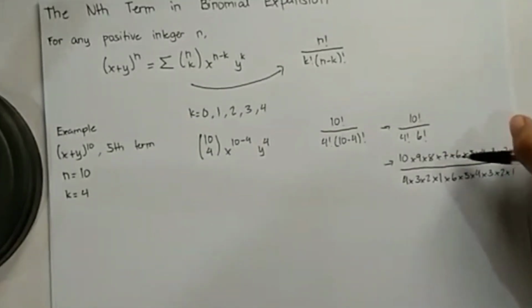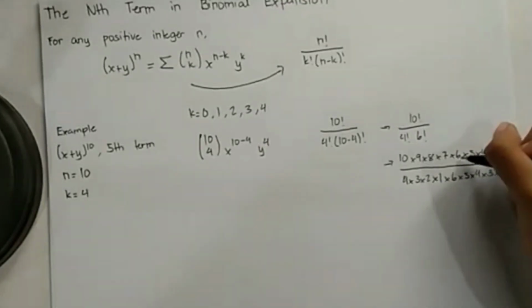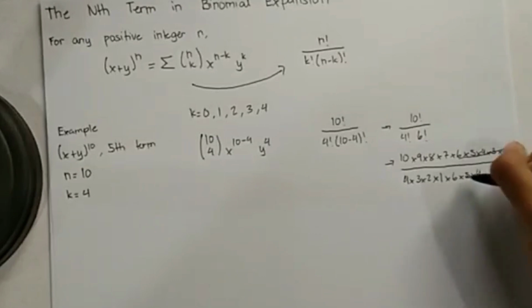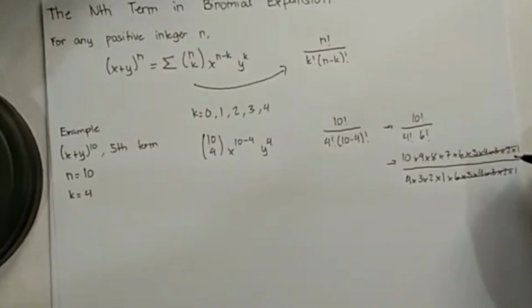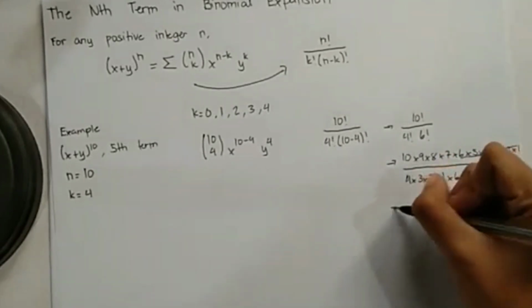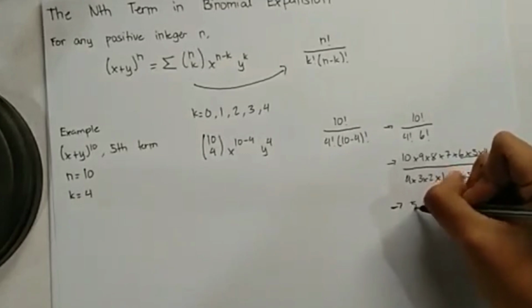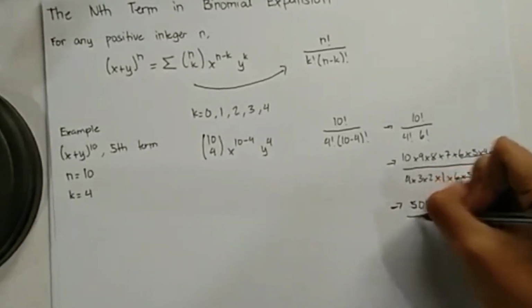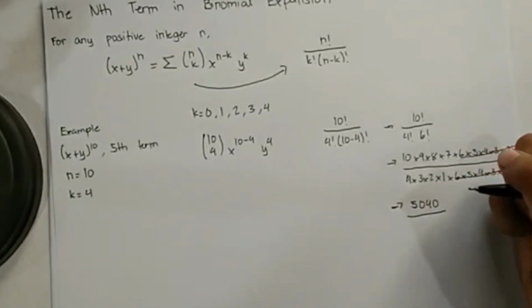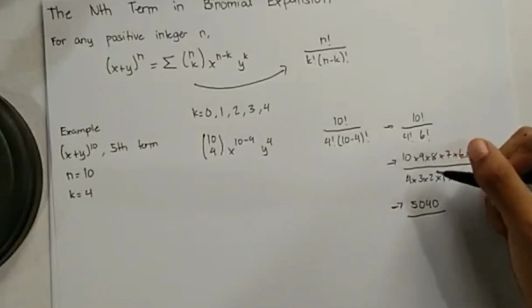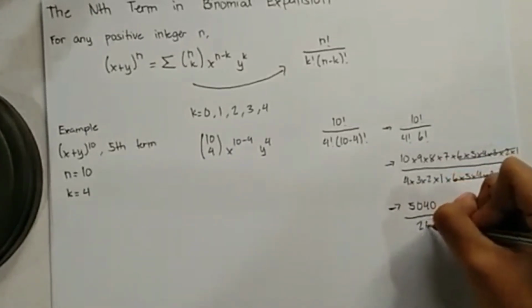So as you can see, this is the same, so we can just cancel this out. Okay. 10 times 9 times 8 times 7, that is equal to 5,040 divided by 4 times 3 times 2 times 1, that is 24.